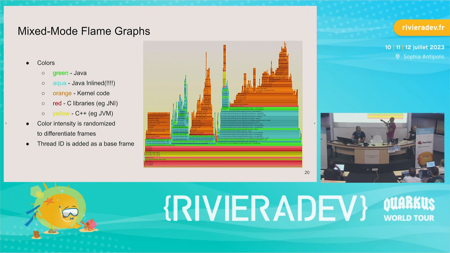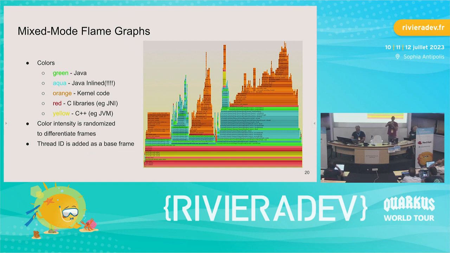So the colors, very important. The green is the Java kind of method. Then we have the aqua, and I chose a very bad font here because it's barely readable, but the aqua are the Java inlined. How many people have ever heard about inlining? Oh, that's quite good. Okay.